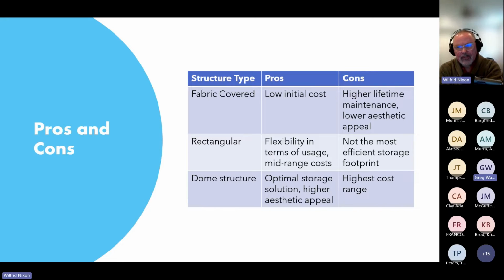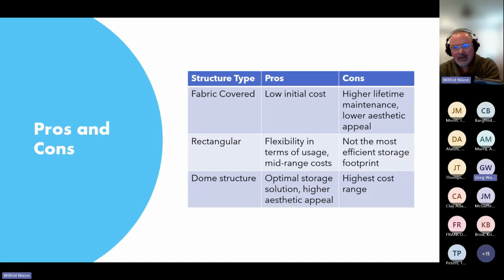For the roofs in particular, the material, that fabric, appears to need to be replaced from time to time, which is no big surprise. And also, although this isn't necessarily an area where we have equations to guide us, it's generally considered that such structures have a lower aesthetic appeal.